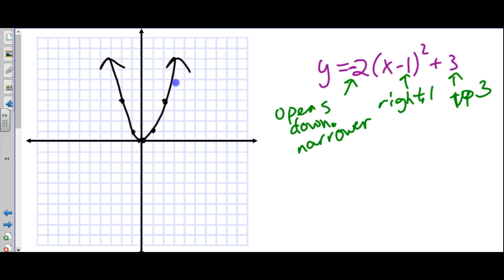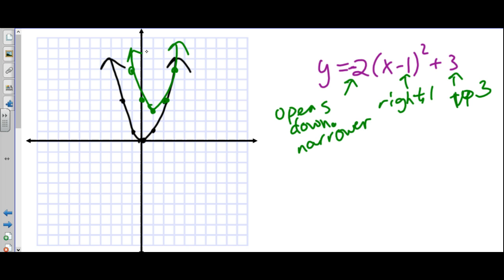But if you don't have the capability of doing something like that, we've got to just count. So each point would be going right 1, up 3. We'd have to literally just count from each point to take our graph right 1 space, then up 3.